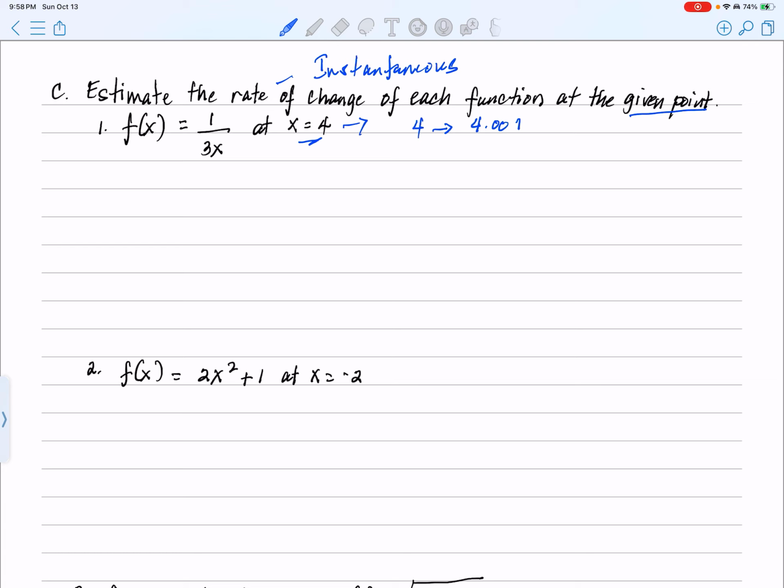If it's negative, you go down by 0.001. That means you subtract. Here, I am adding 0.001.